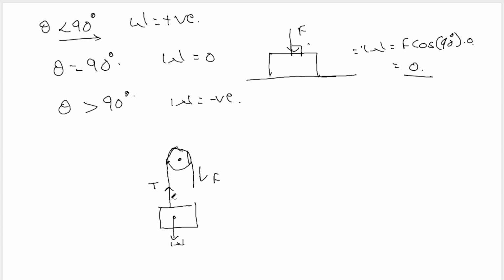If the block moves up to a distance of x, the work done by gravity, or by self weight, you can write it as mg.